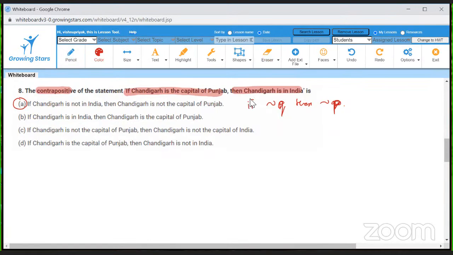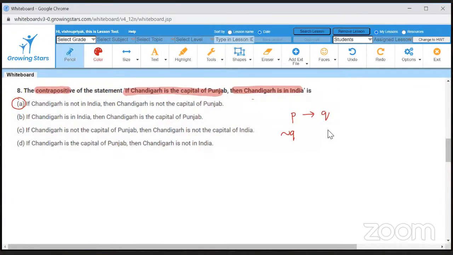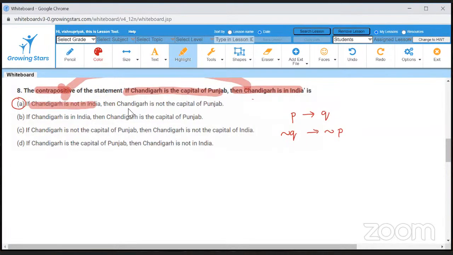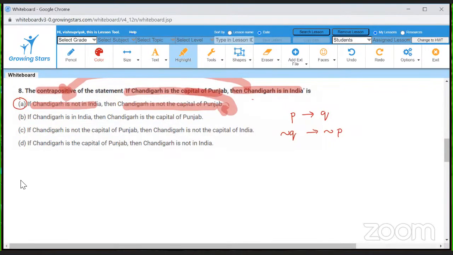Do you remember the formula I gave you? If P, then Q, the contrapositive will be if not Q, then not P. That is correct. So, if Chandigarh is not in India, then Chandigarh is not the capital of Punjab. That is the contrapositive.